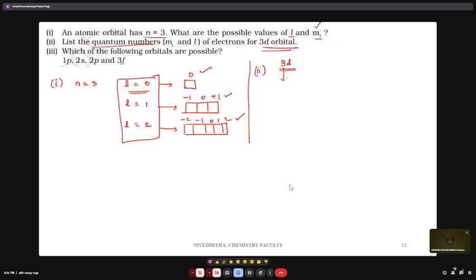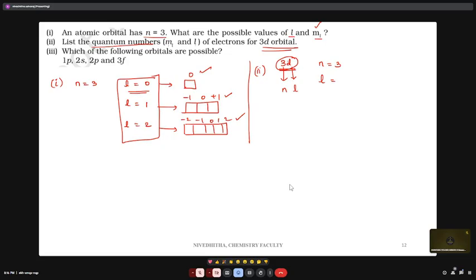See, this is a way of representing any orbital. The number represents the principal quantum number, and this alphabet, as we know, is the azimuthal quantum number. So the principal quantum number value is 3. And what is the value of azimuthal quantum number? What is the number, Kanna? 0, 1, 2.